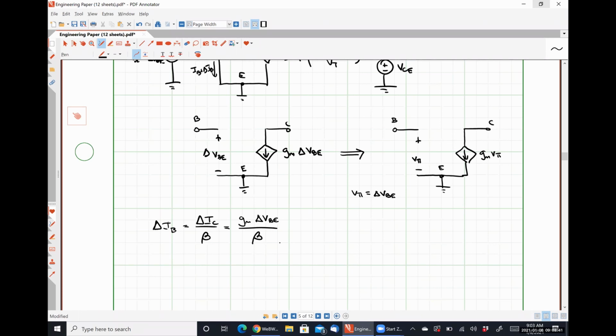So we have a proportionality constant between the base emitter voltage and the base emitter current, which we can represent with a resistance because of Ohm's law, right? So I can rearrange this slightly and say that the change in the base emitter voltage divided by the change in the current flowing from the base to the emitter terminal is simply beta over GM, and we'll call this guy R pi.